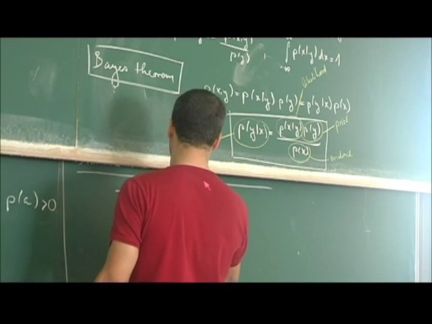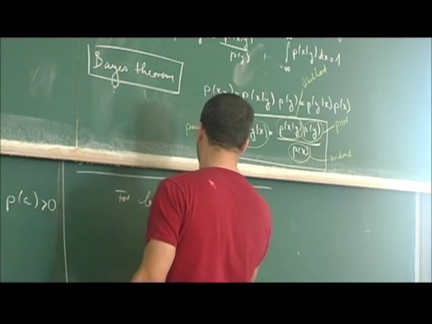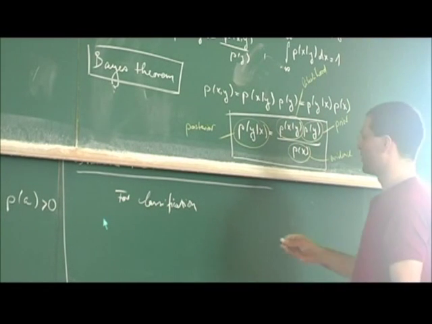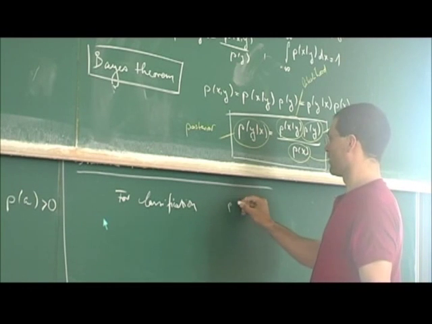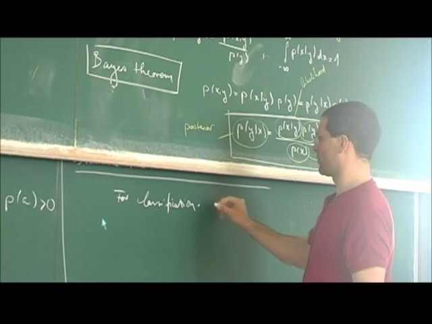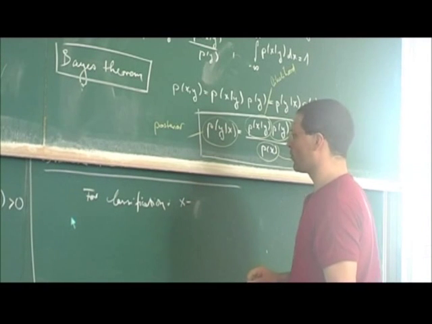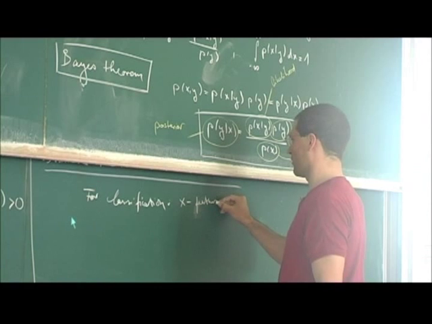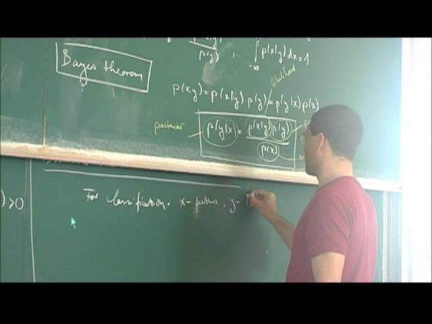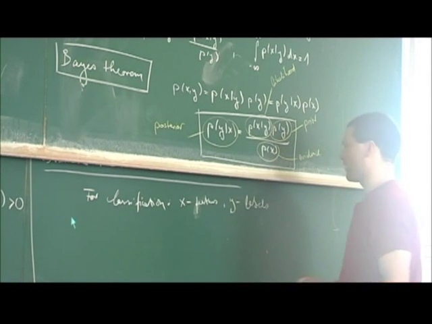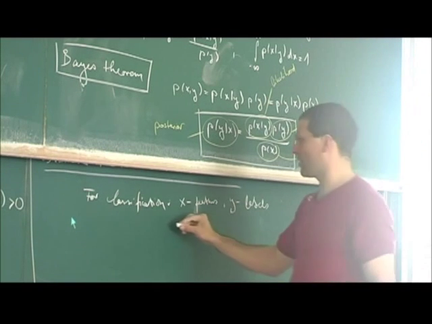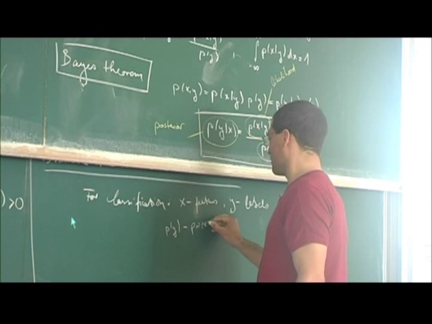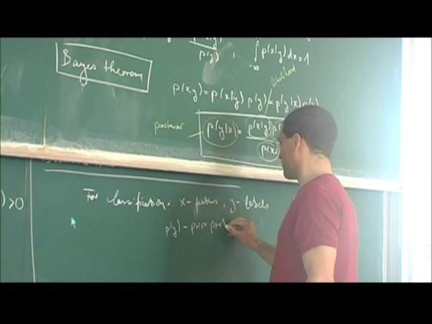If you want to express classification using a generative classifier, we would say that we take x as an abbreviation for the features and y as a symbol for the labels, and then p of y is the prior probability of a class.